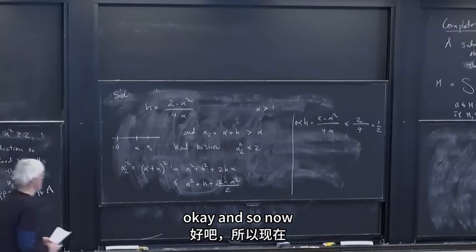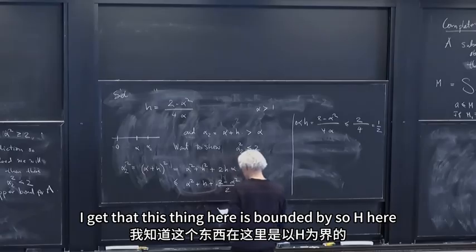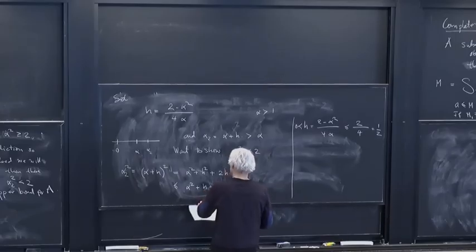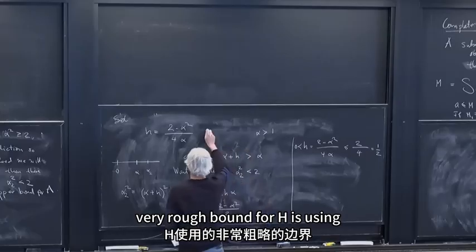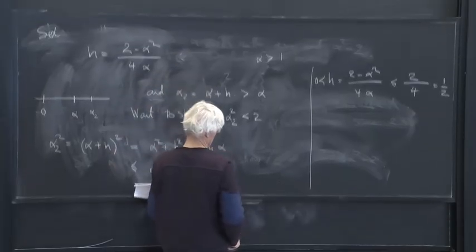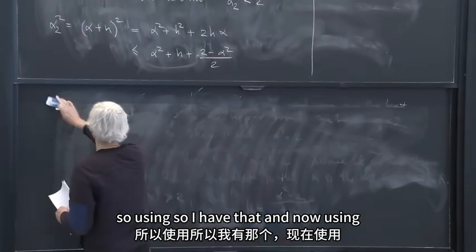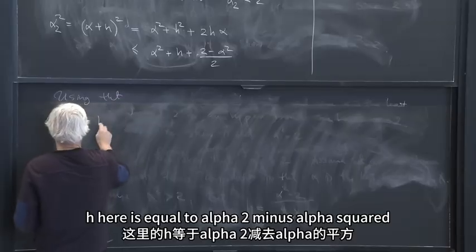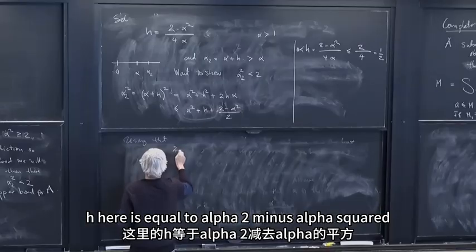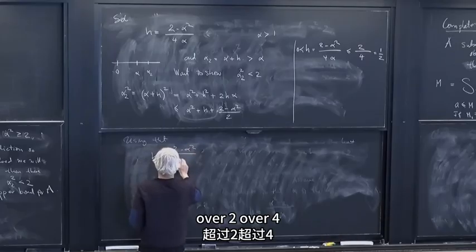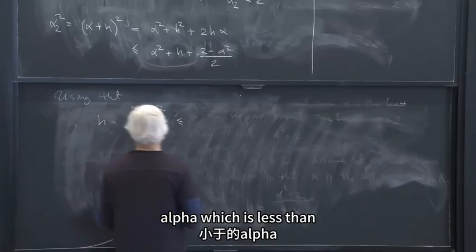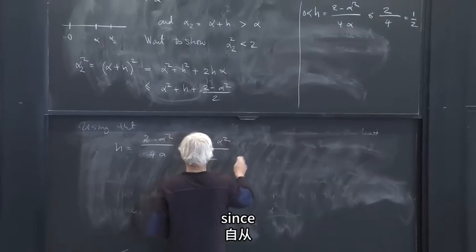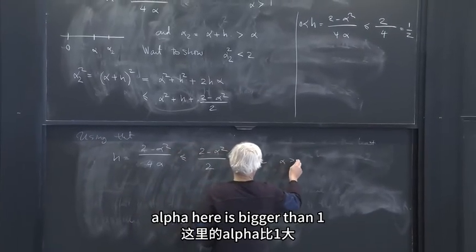Okay, so now I get that this thing here is bounded by H. H is also a very rough bound for H. So I have that, and now using that H here is equal to alpha 2 minus alpha squared over 2 over 4 alpha, which is less than 2 minus alpha squared over 2, since alpha here is bigger than 1.